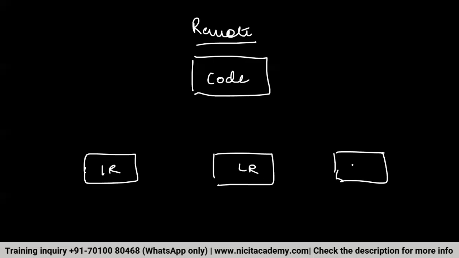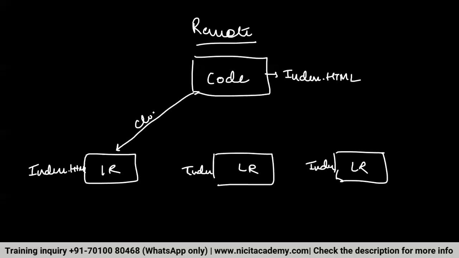Let's say my code has only one HTML file, index.html. Everybody will have this index file in their local repository, that is, they have cloned it from the remote repository. We call it clone.